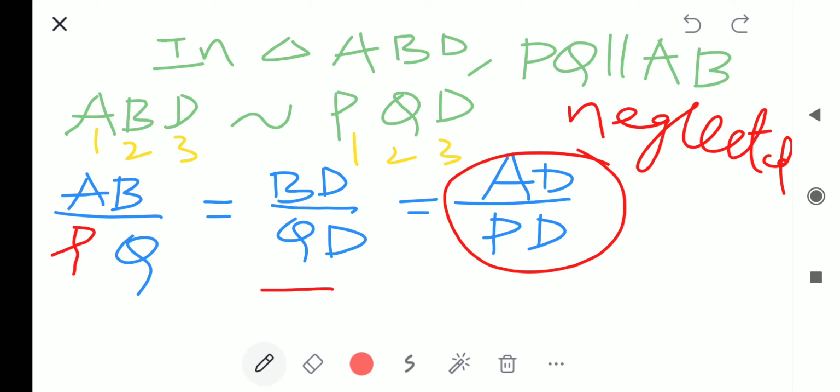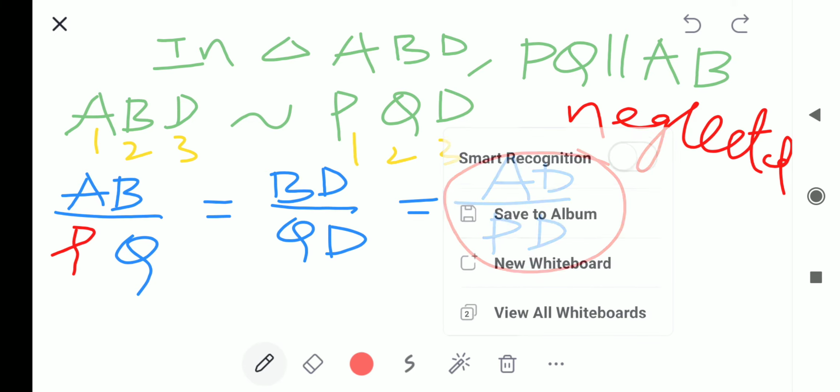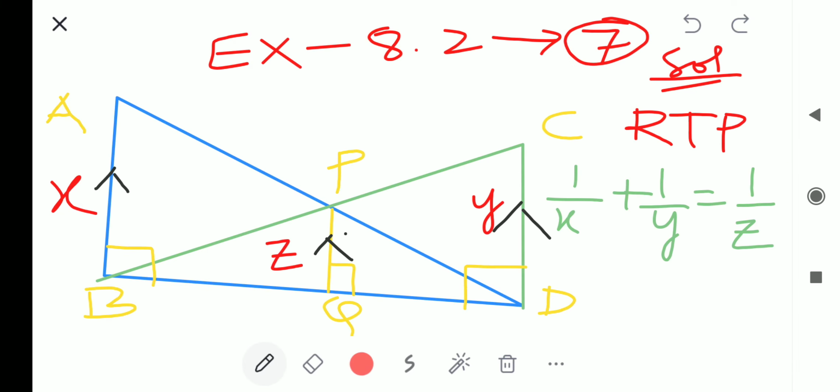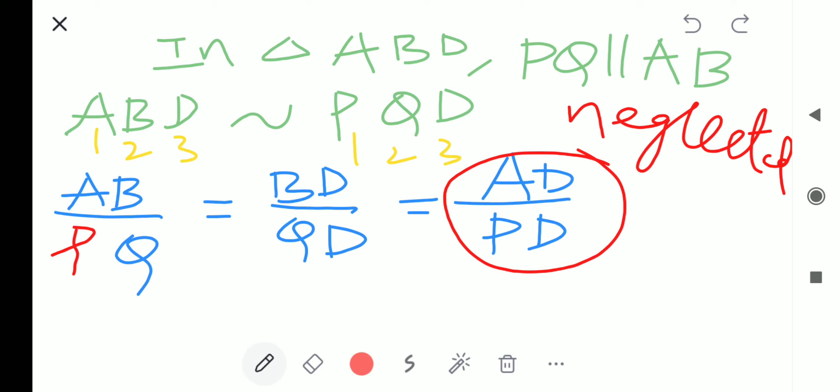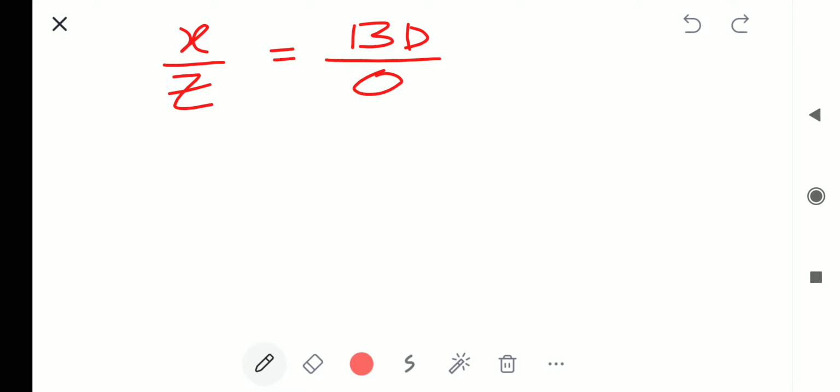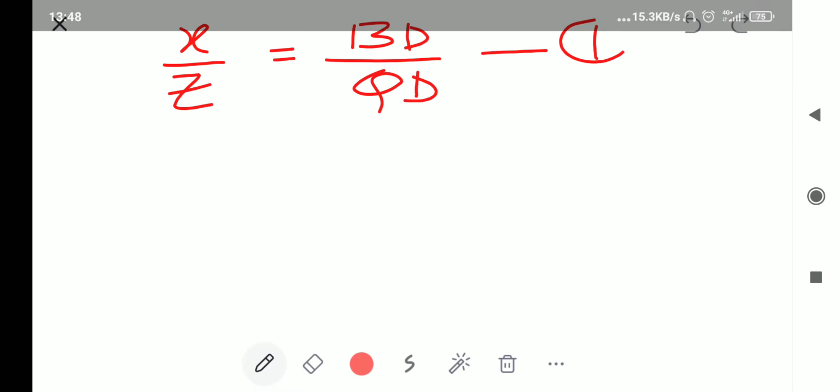Let it be result number 1. Substituting the values, AB is X and PQ is Z, so I can write X by Z is equal to BD by QD. Let it be result number 1.